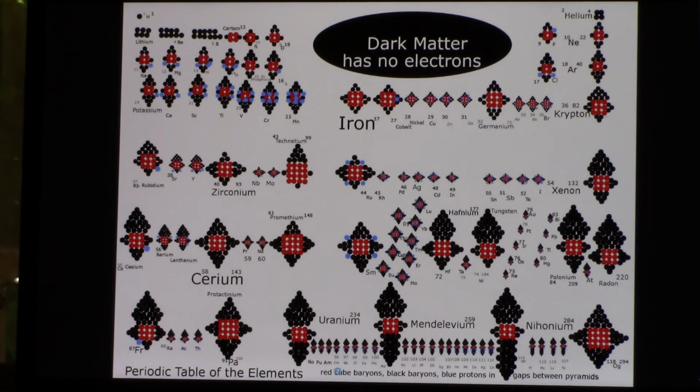So there's an equal number of electrons and protons in the universe, but dark matter has no electrons and plenty of protons. And there's no repulsion between these protons, because without the electrons present, there's no Pauli exclusion principle.